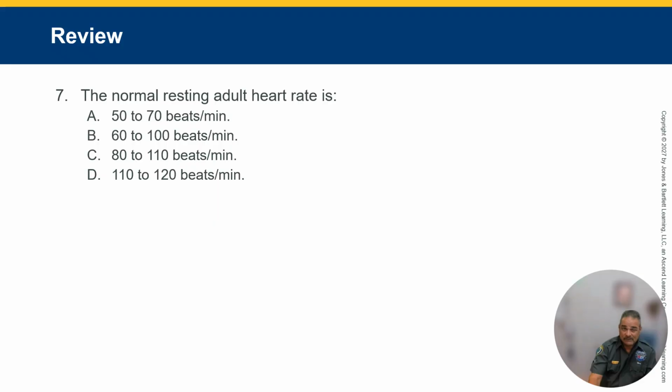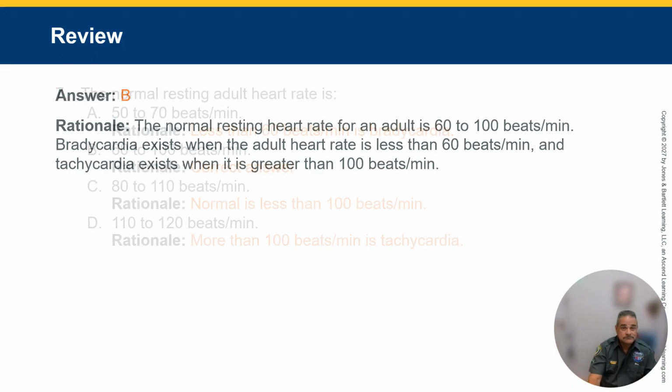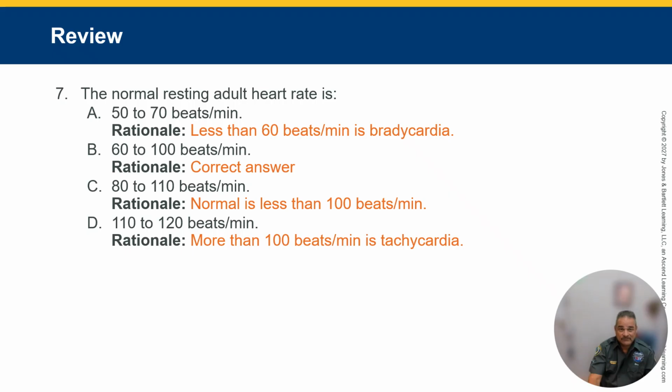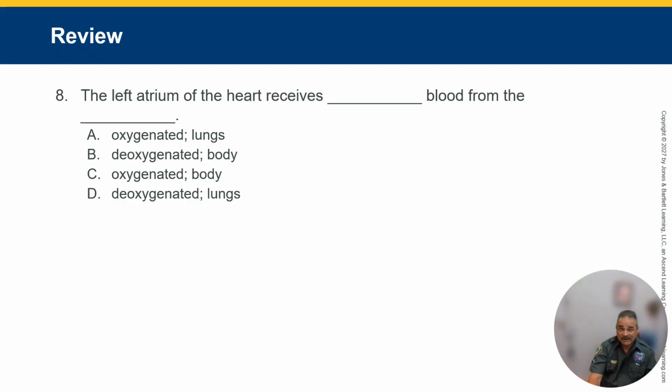The normal resting adult heart rate is? Very good, B. Usually 60 to 100. Okay, 60 to 100. There's your rationale. The left atrium of the heart receives blank blood from the blank.